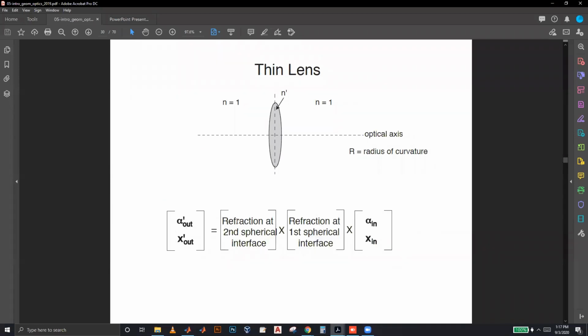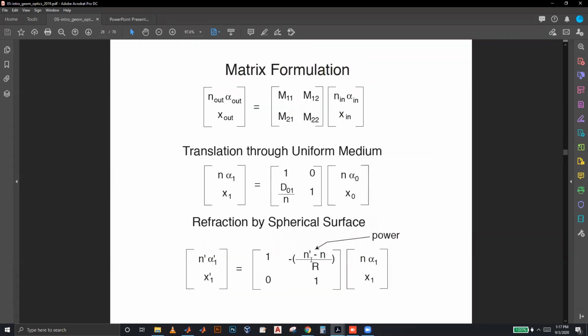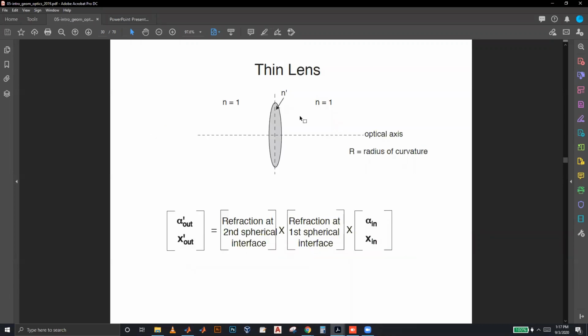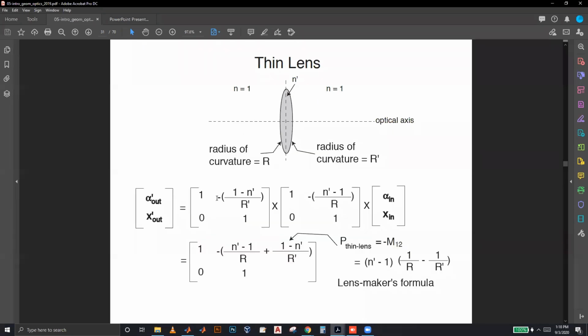So for the second spherical surface, what is the form of the equations? It's n prime minus n over r, right? For the second spherical surface, n prime is 1 because that's the output side, minus n prime, which is the refractive index of the lens, over r, the given radius of curvature, with a negative sign in front. That's exactly what is here: with a negative sign in front, 1 minus n prime over r prime.